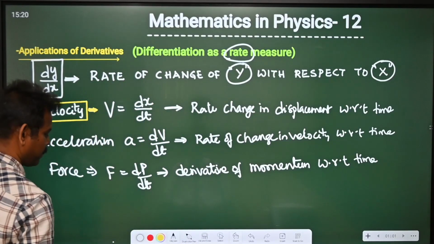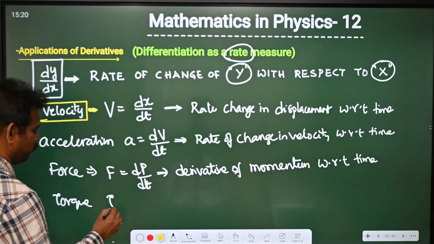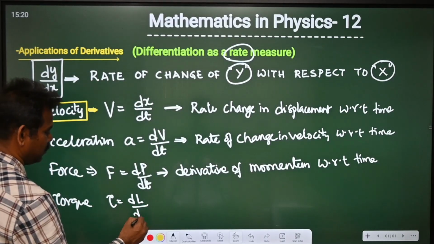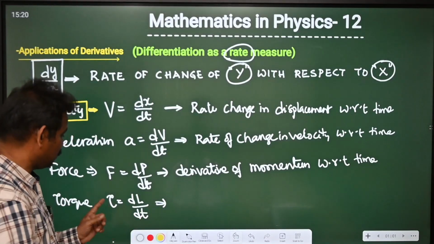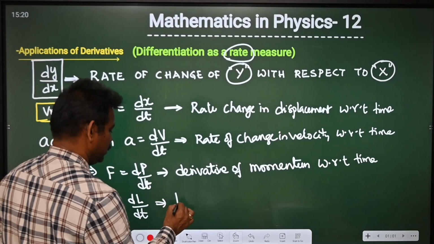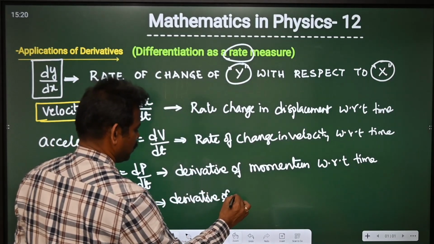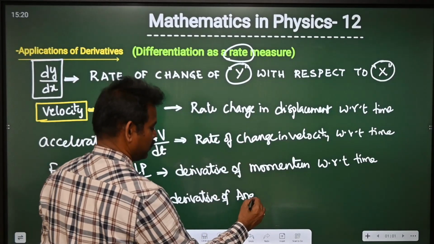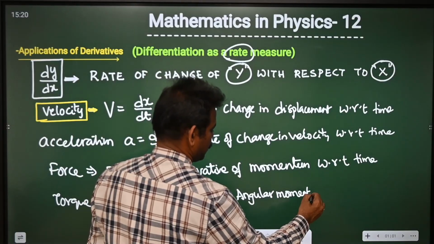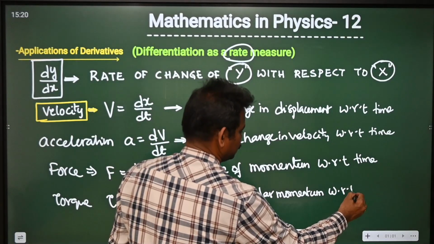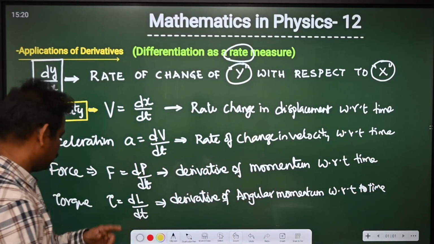Next one, torque can be written as tau is equal to dL by dt. This is the rate of change of angular momentum, called torque. So this is the derivative of angular momentum with respect to time, called torque.